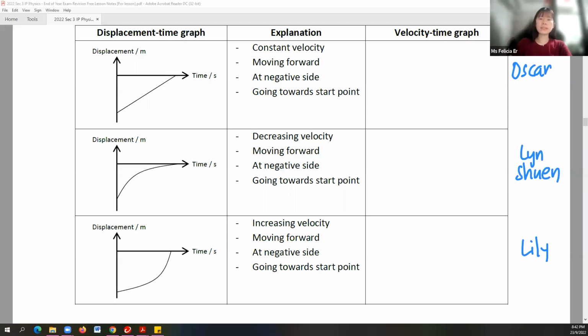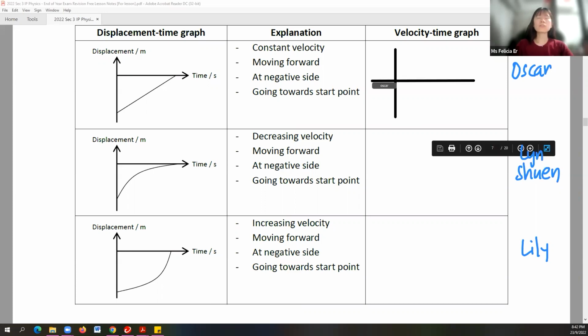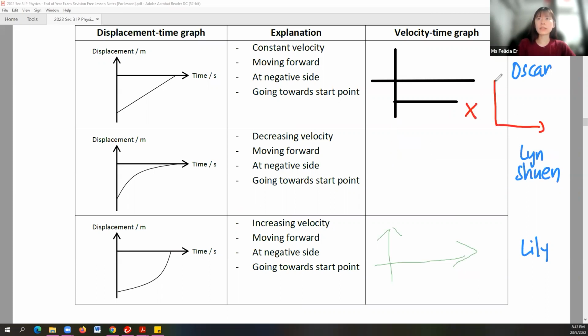Don't need to label V and T, it's okay. Then don't need to draw very nicely. Even if your line is crooked it is okay. Concept correct will do. This one is not correct. The drawing should be like that instead.